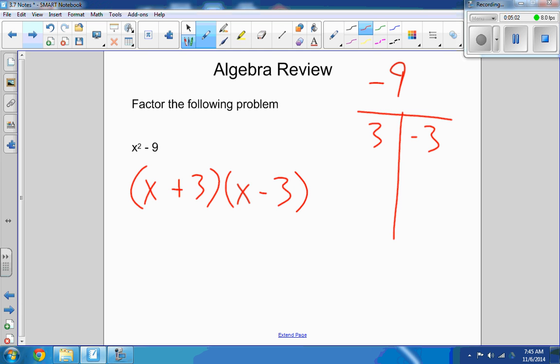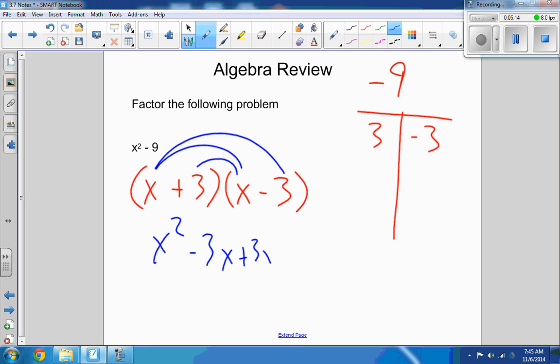And there we go. Now, if you want to double check that this works, let's FOIL. X times x is x squared. X times negative 3 is negative 3x. 3 times x is positive 3x. 3 times negative 3 is negative 9. And look, negative 3x plus 3x disappear. So it works, x squared minus 9.